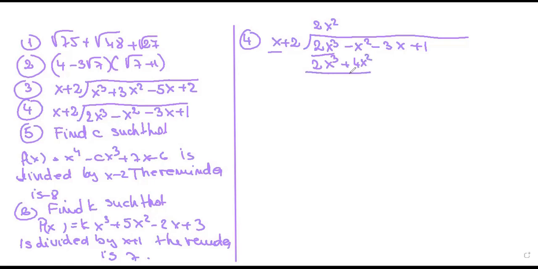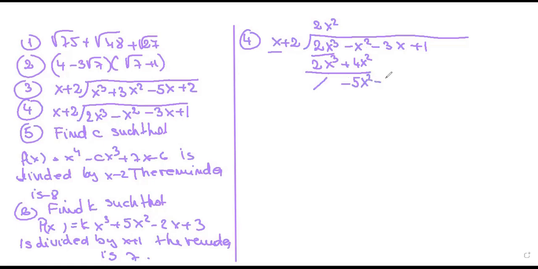We have a horizontal line and we start subtracting. 2x to the power of 3 minus 2x to the power of 3 cancel. Minus x squared minus 4x squared is minus 5x squared.